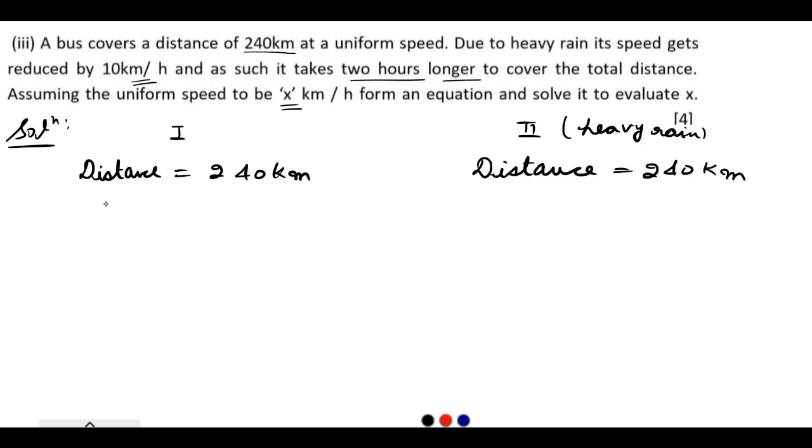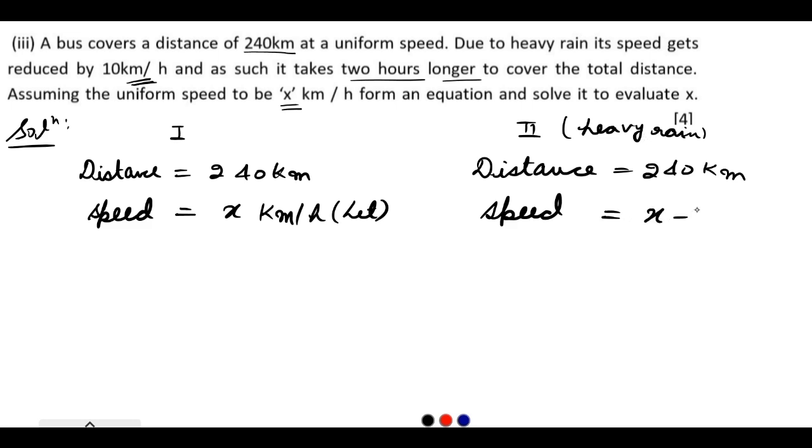In first case, when bus covers a distance of 240 km at uniform speed, speed is equal to, क्वेश्चन में मेंशन है, x किलोमीटर पर आवर. ये हमने लेट कर लिया है. And due to heavy rain, its speed gets reduced by 10 km per hour. It means in heavy rain, its speed is x minus 10.